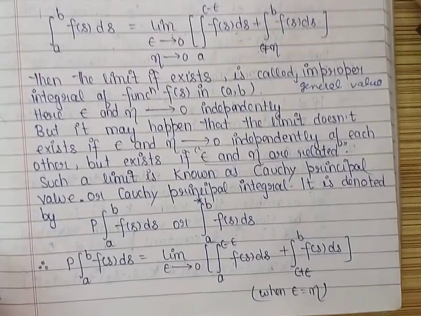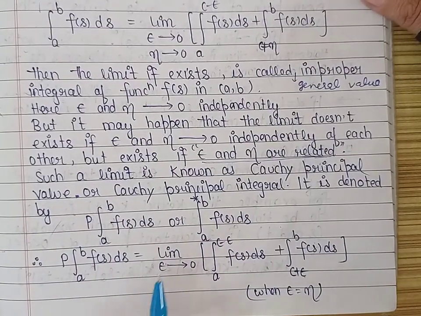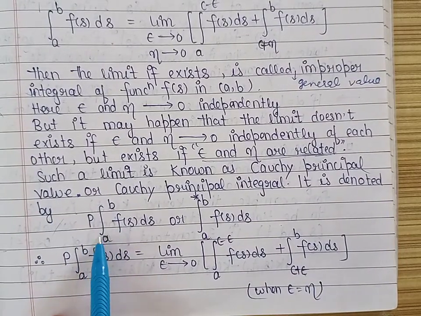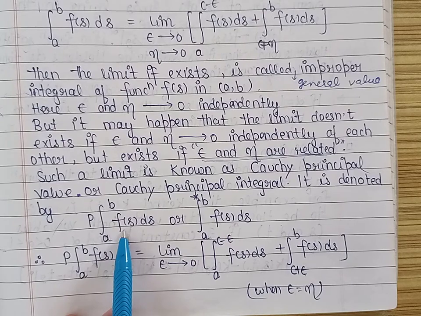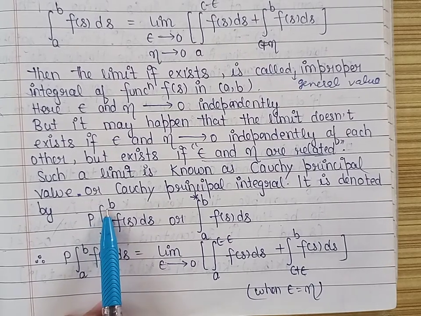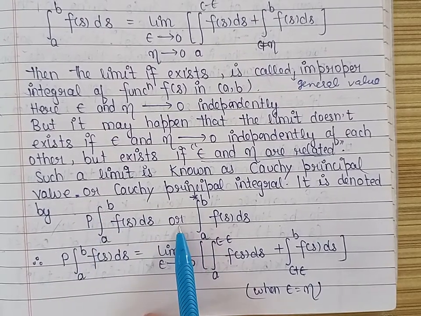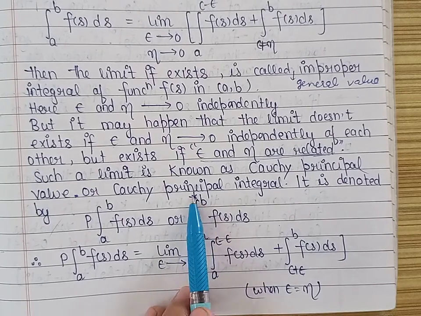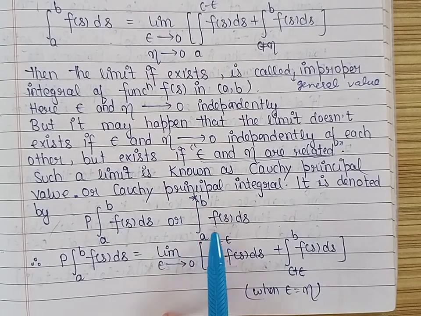So now we can define the Cauchy principal value, which is denoted by the symbol P of the integral of the function f between the limits a to b, or sometimes we can denote it by the integral a to b with an asterisk sign on the function f.